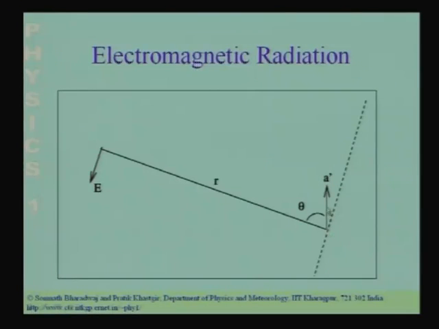Good morning. Let us start off by recapitulating the things that we had learned in the last class. If we have an electron accelerating in the direction A, the direction of this vector shown over here, then in the last class we learned that in addition to the electric field which falls as 1 by r square, this charged particle will also produce an electric field component which falls as 1 by r.